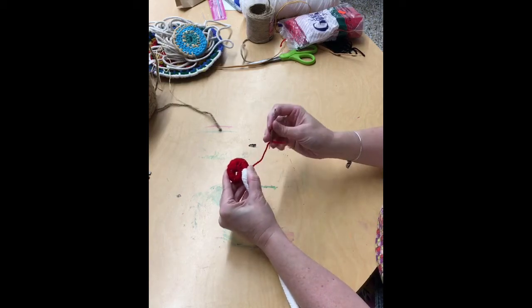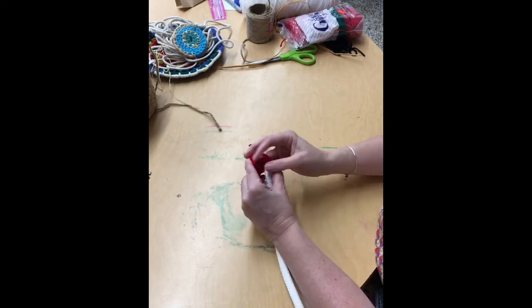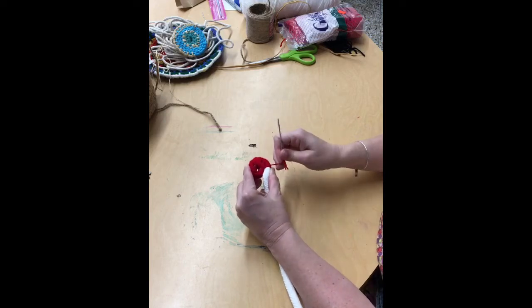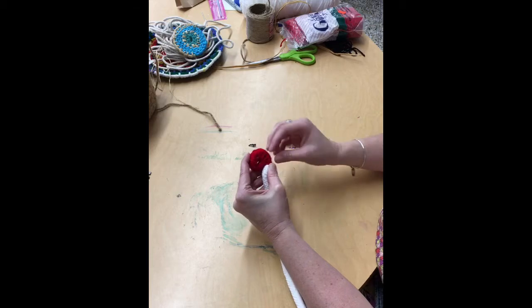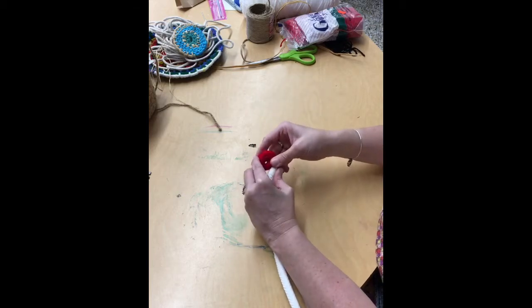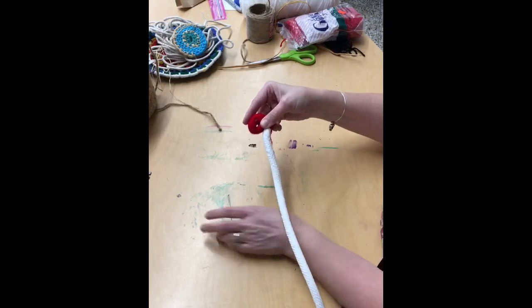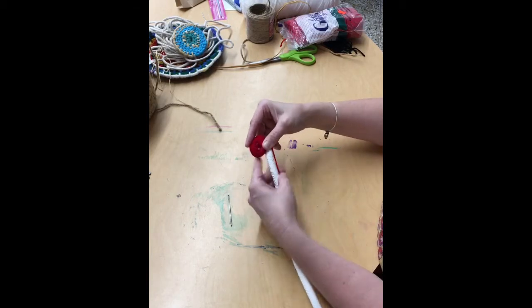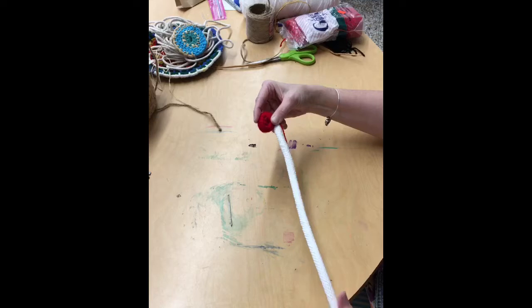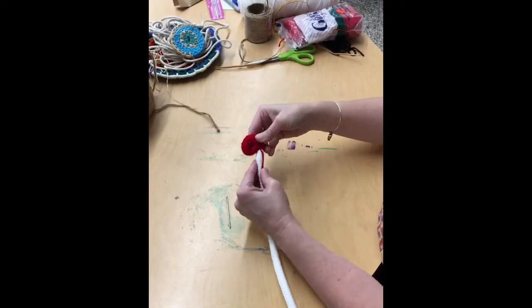Okay, you can see that I am almost out of my first yarn that I cut. So I've taken my needle off and I'm going to show you how to add more yarn if you run out.